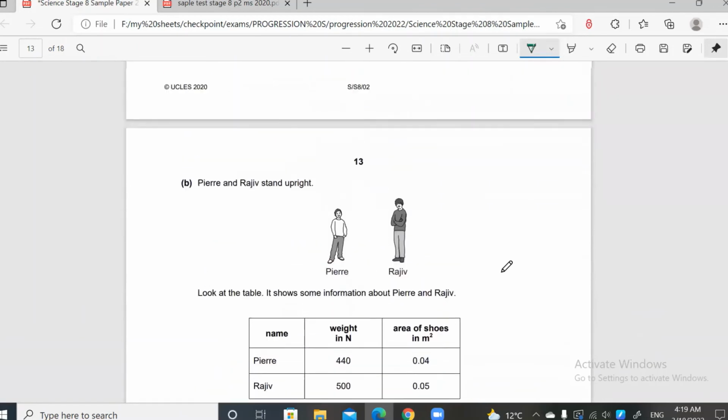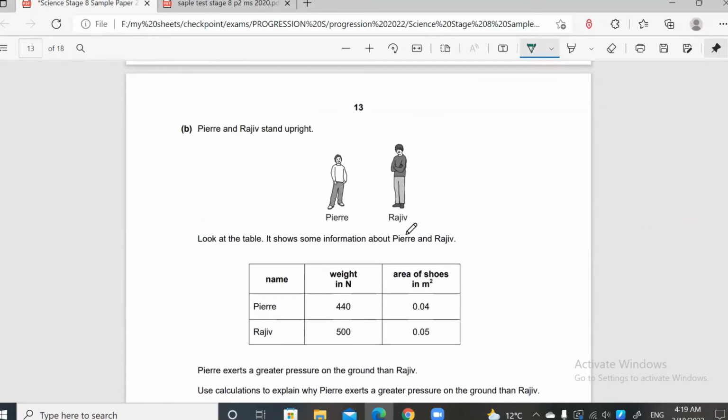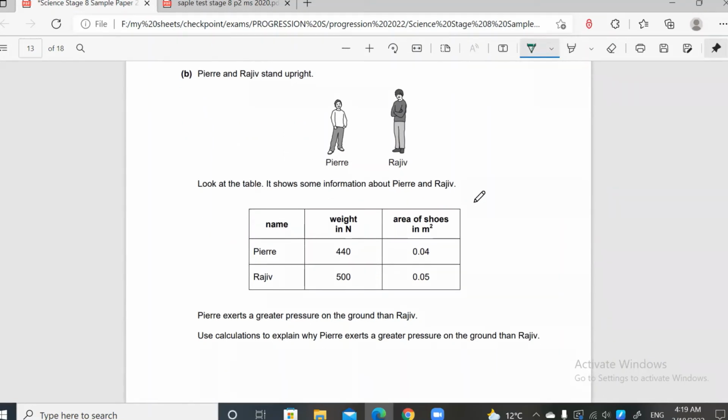Question D, in the same question, asks about the pressure. Pierre and Rajiv stand upright on their feet. Look at the table. It shows some information about Pierre and Rajiv. Pierre's weight is 440 Newton. This is a force.